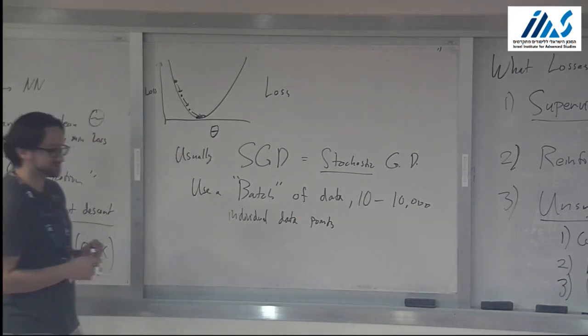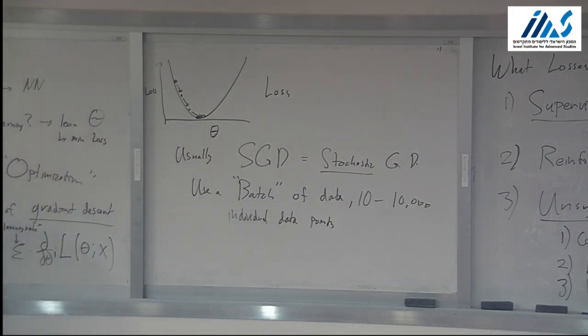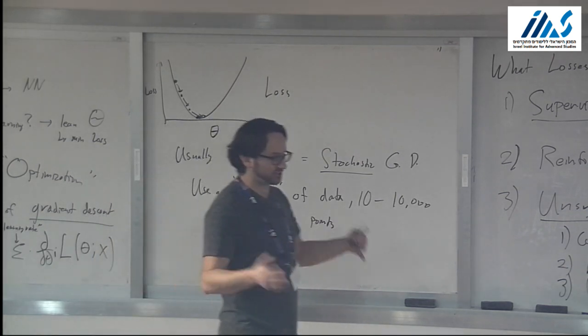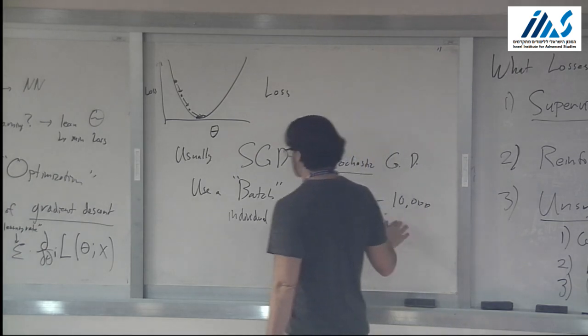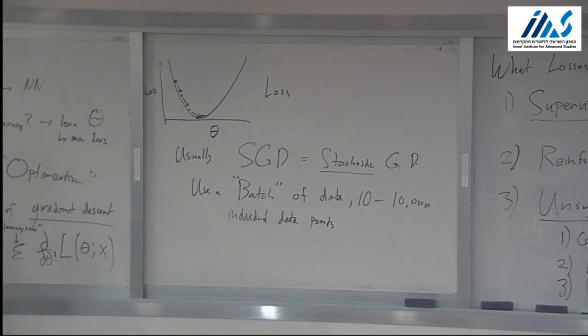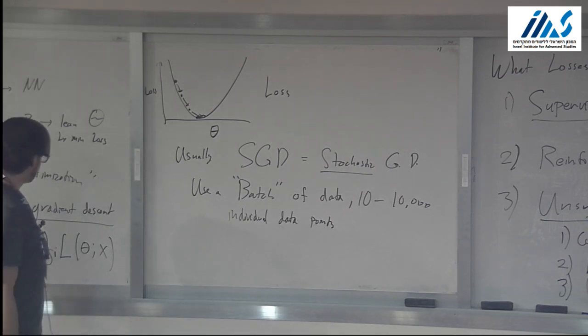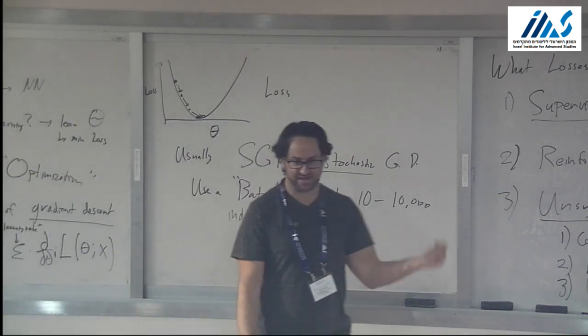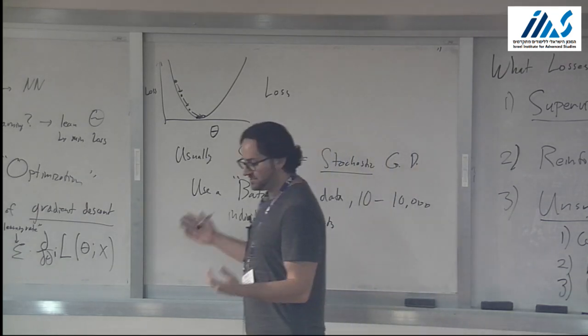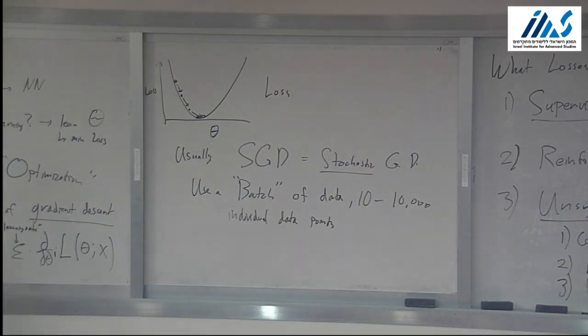That's where this word stochastic comes from, because you're not actually minimizing the loss. You're minimizing some stochastic, slightly randomized version of the loss, because you draw these, say, 1,000 images from your data set randomly, with replacement. Then you compute this and take a step, and then you compute on a different random draw of 1,000 images on the next step, and the next step, etc., in the hopes that this stochastic process eventually gets you to a good minimum, while also being much more efficient than using the entire data set at once.